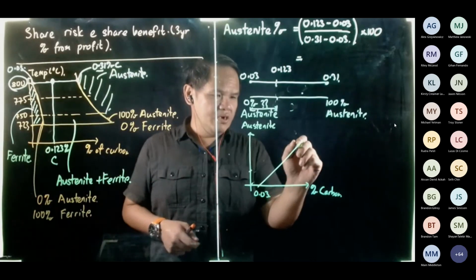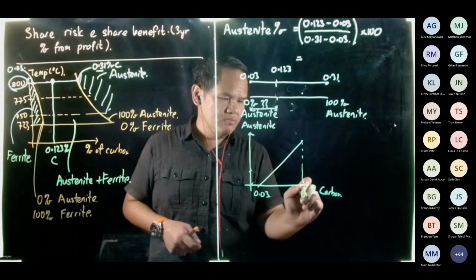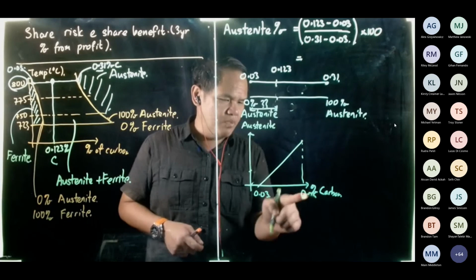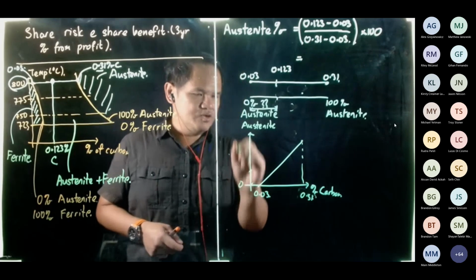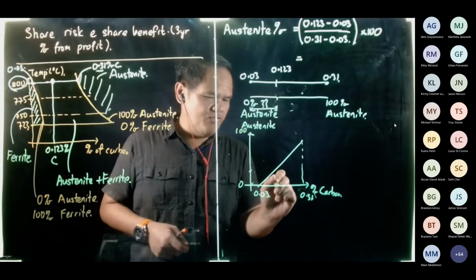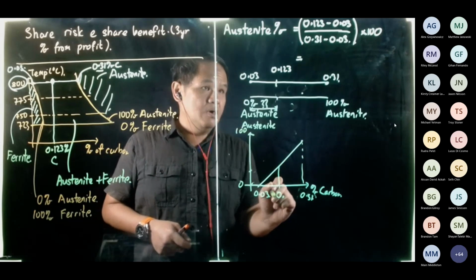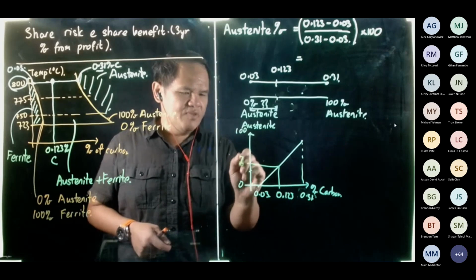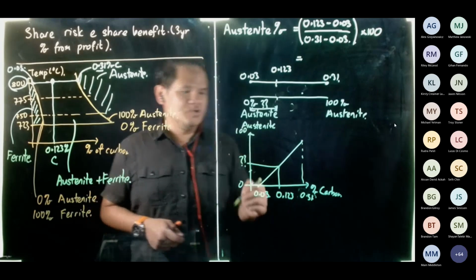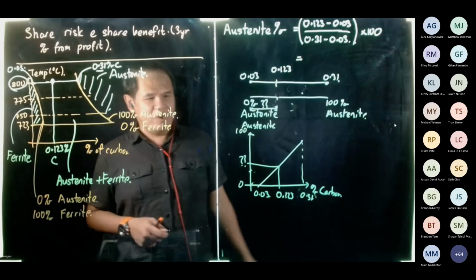And then over here you have 0.03 or 0.31. This is 0, this is 100. We want to find, at 0.123, what is this value. So we apply Lever's rule.